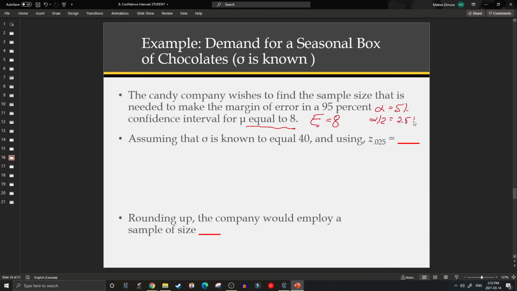So when you go alpha divided by 2, you get 2.5%. So we're going to be looking for Z 0.025. Assuming that sigma is known and equal to 40, and using this value, which we can look up on the tables at 1.96, go ahead and figure out what the sample size n needs to be.